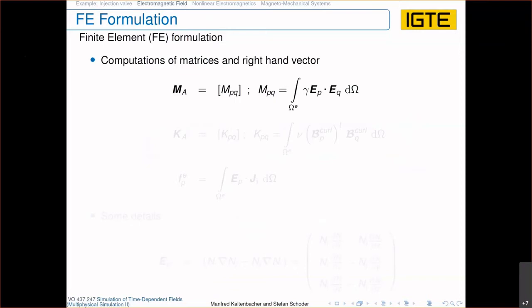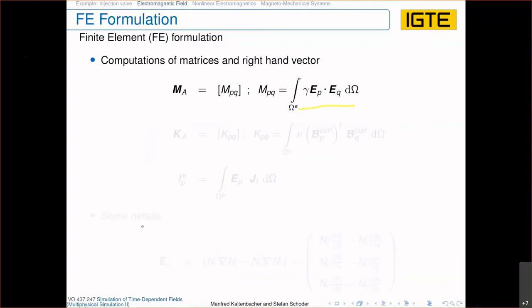Since we put in our basis functions, we have the dot product between these vectorial basis functions for the edges P and Q, and the dimension here is the number of edges we have within our finite element. For example, for a tetrahedron, we have 6 edges, so it is a 6 by 6 matrix.